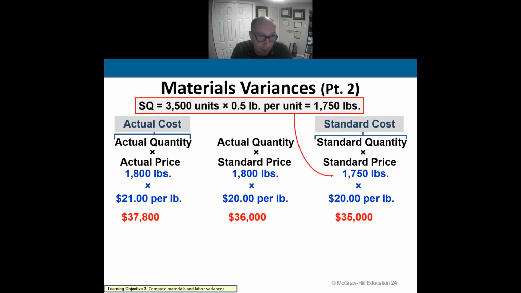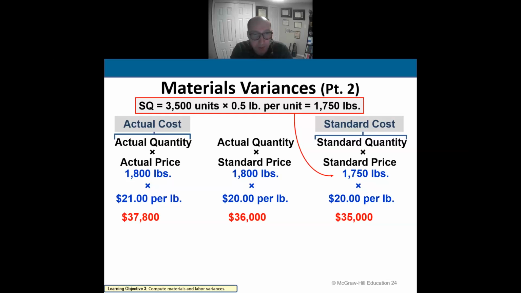And he goes, hey, yeah, I can't do that, but I can round up to 1,800 pounds. So it's okay. So 1,800 pounds is what I actually ordered. I budgeted for 1,750 pounds, but I actually got 1,800 pounds. And it turns out the price went up to $21 per pound. So my actual cost is $37,800.